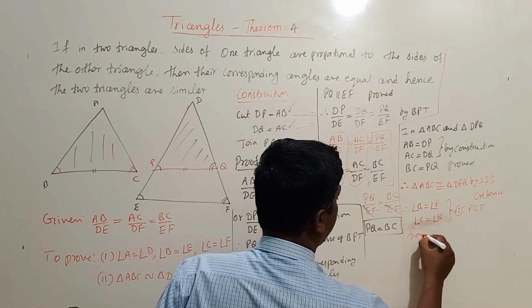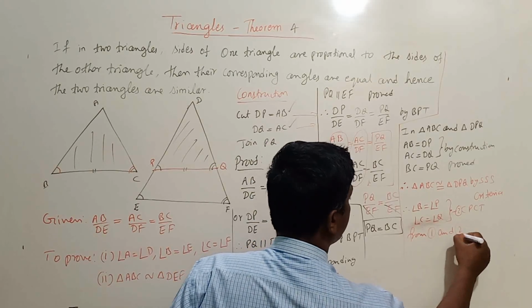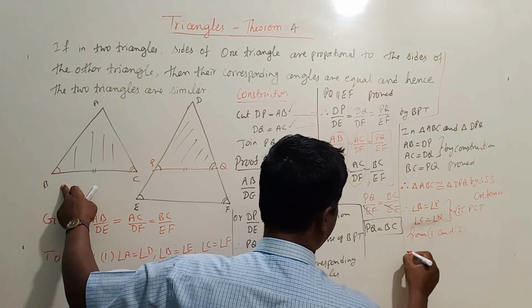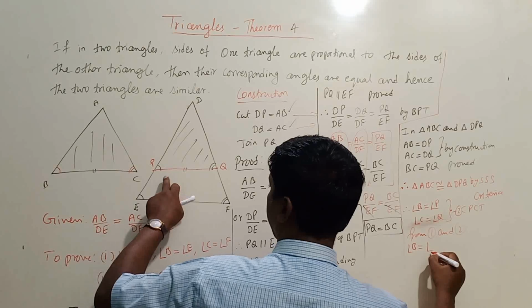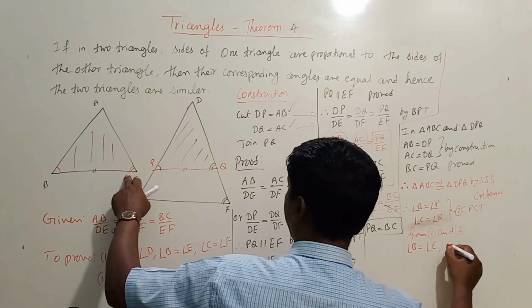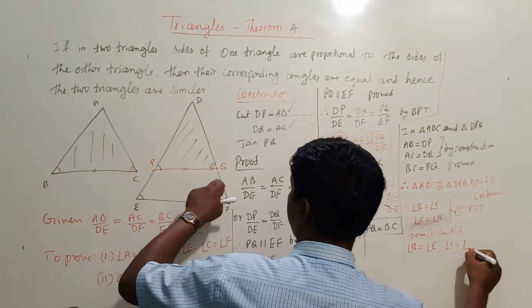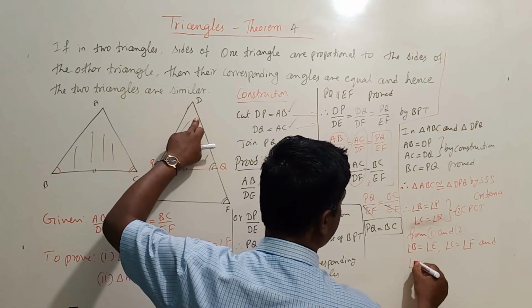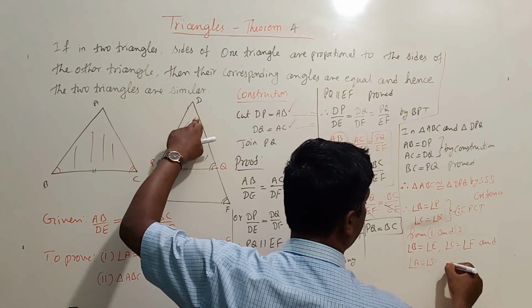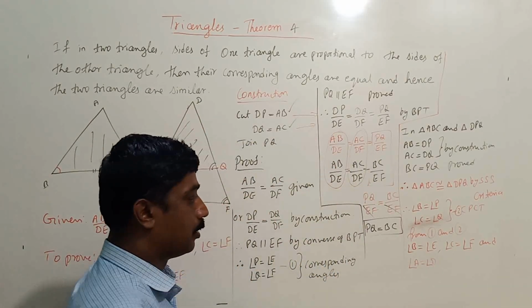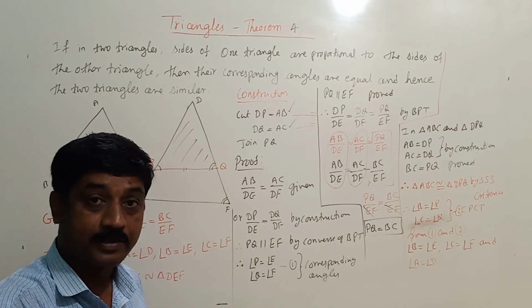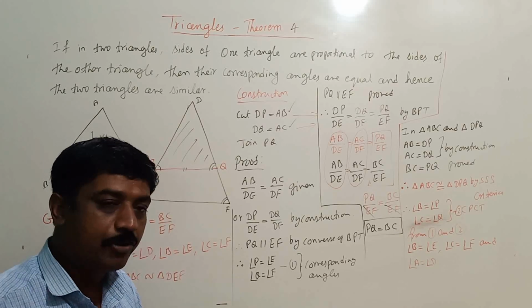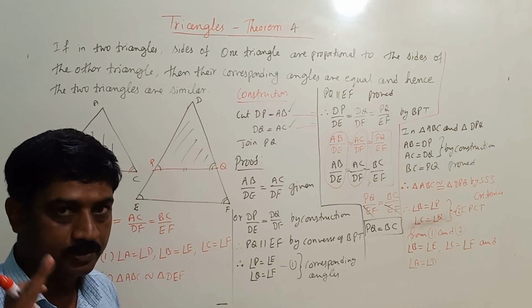Alright. So I am going to write here from 1 and 2. From 1 and 2, what can we do? We can straight away say angle B is equal to angle E, angle C is equal to angle F, and I can write here angle A is equal to angle D. If two pairs of corresponding angles are equal, then the third pair is automatically equal, because for any triangle you take, the sum of the three angles is 180.